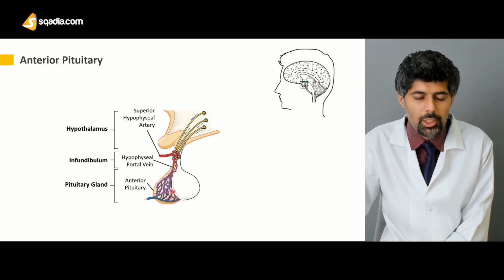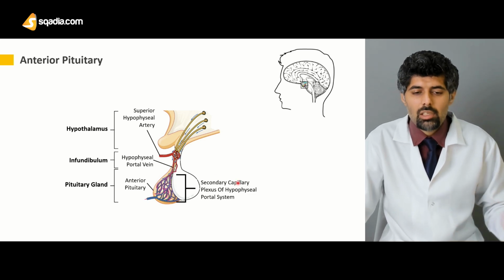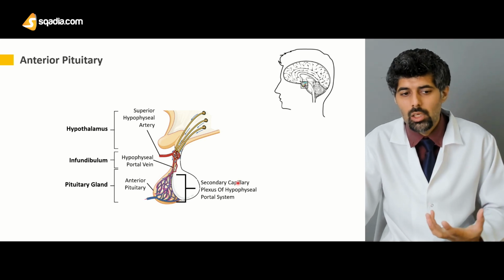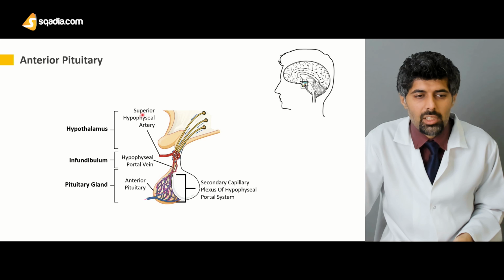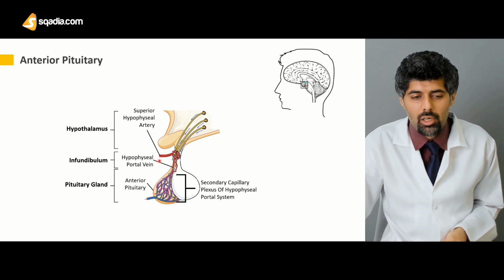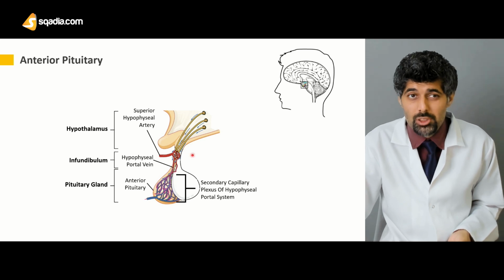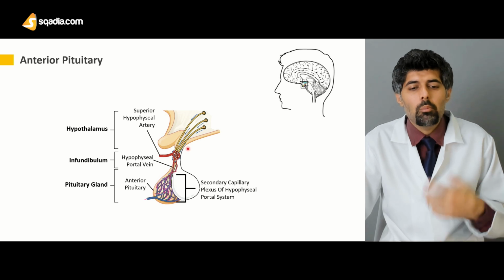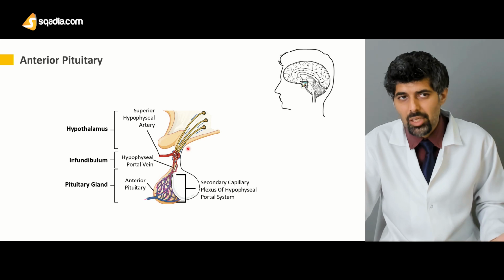So this is the anterior pituitary, and this is the secondary capillary plexus of the hypophyseal portal system, and this is the hypophyseal vein. As you can easily see, from the superior hypophyseal artery we have first the influx of blood towards the stalk, where it forms a vascular bed known as the primary vascular bed, or the primary plexus.